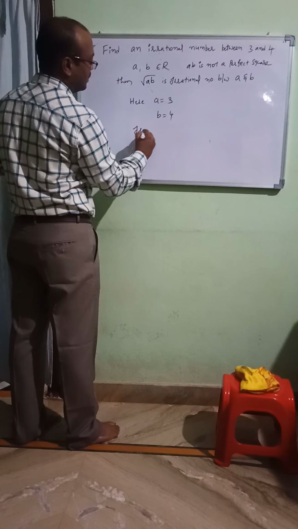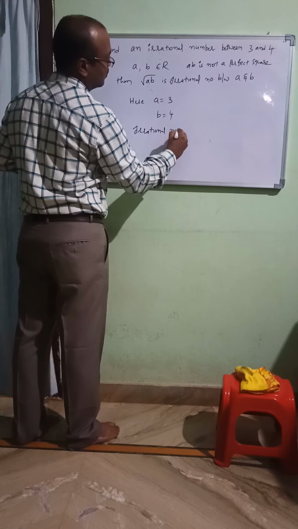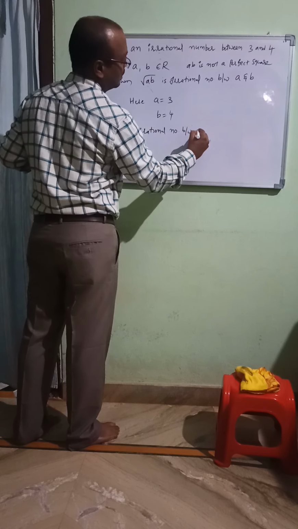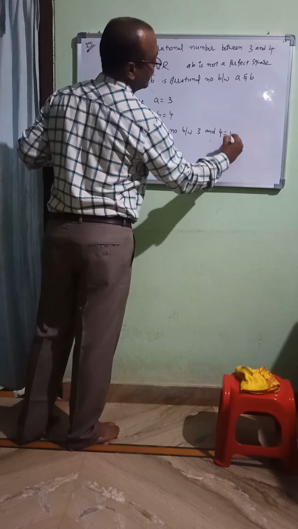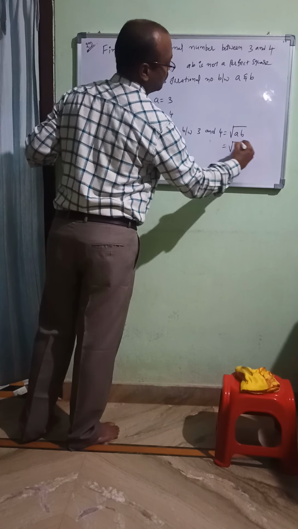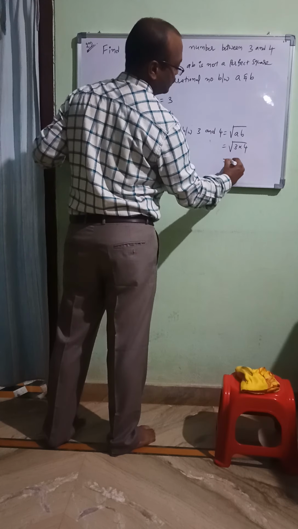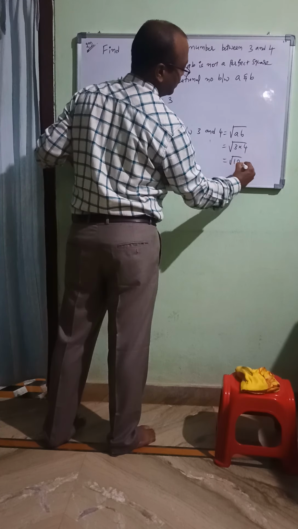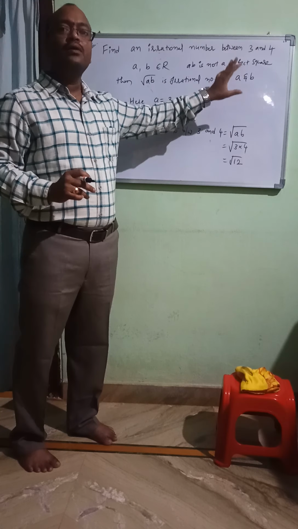So the irrational number between 3 and 4, according to the formula root of AB, is equal to root of 3 into 4, which is root 12. So root 12 is a number between 3 and 4.